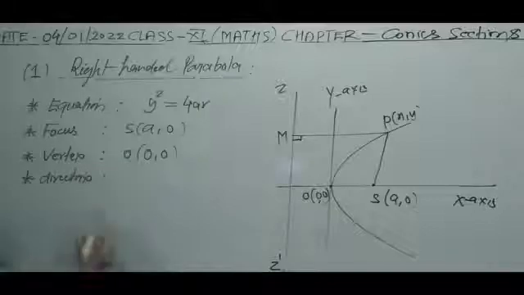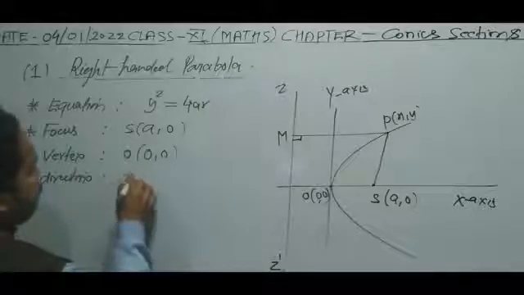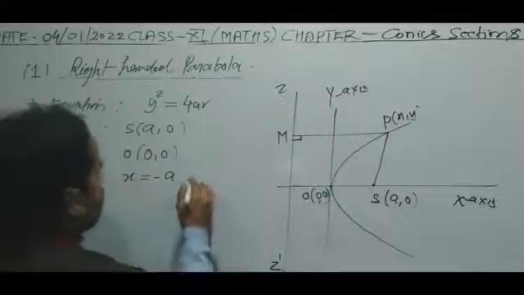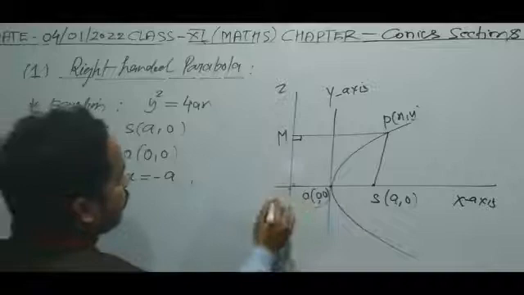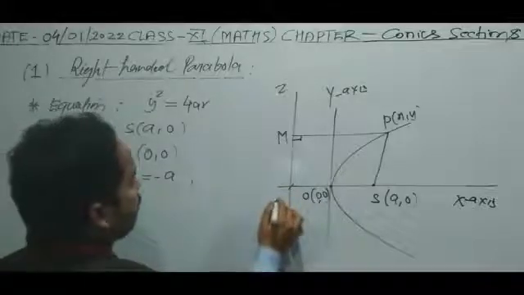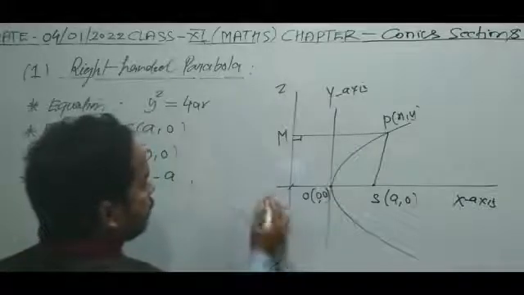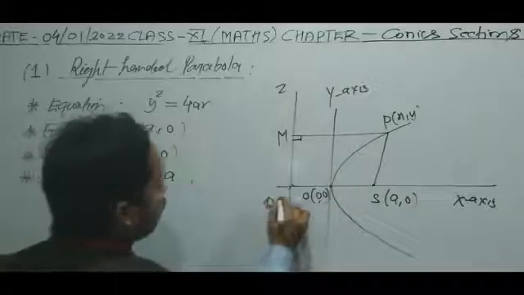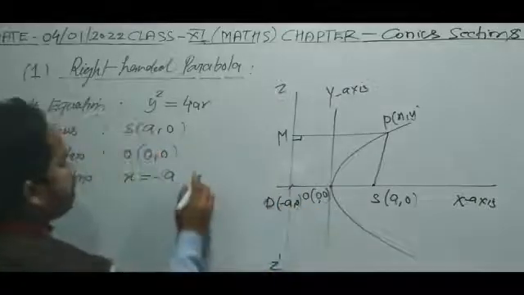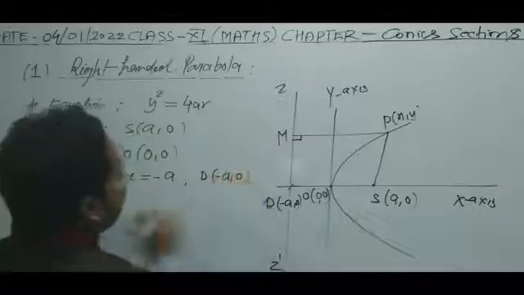Now what can we write for the directrix equation? The directrix equation is x is equal to minus a, and this is the intersection point, suppose this is D, and the D coordinate will be minus a comma 0.